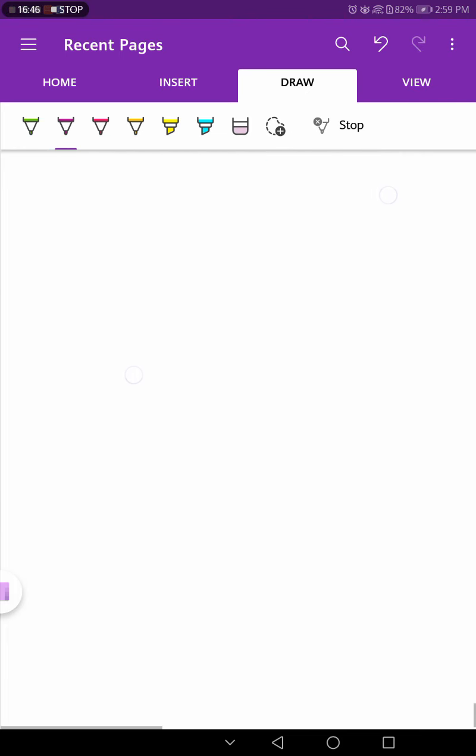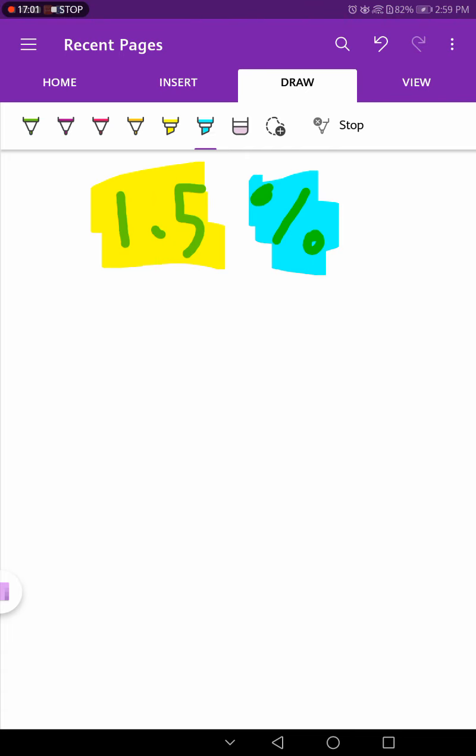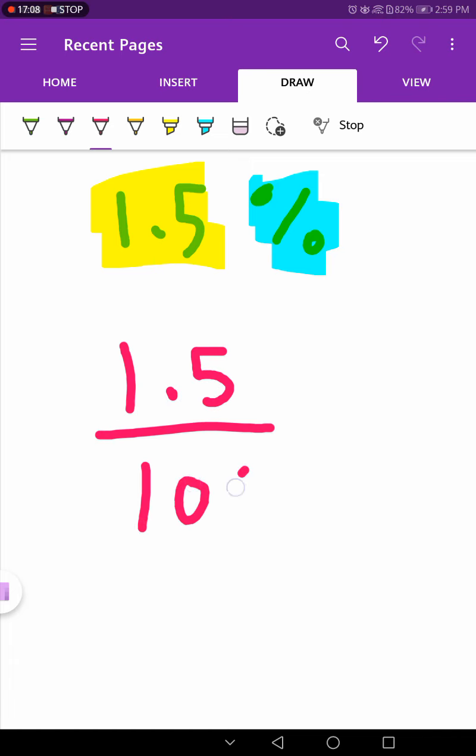One last example. If I have 1.5%, what we learned is that this number is over 100 because of the percent sign. So 1.5 over 100. And because we have a decimal point, no need to create one. So how many steps do I have to move it? How many zeros do we have down? We have 2 zeros.